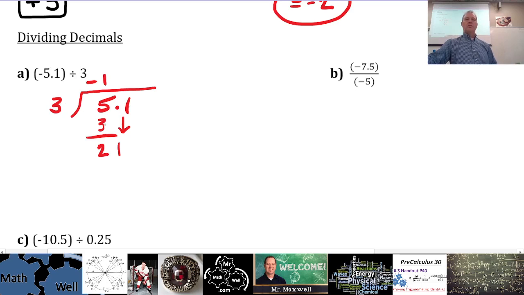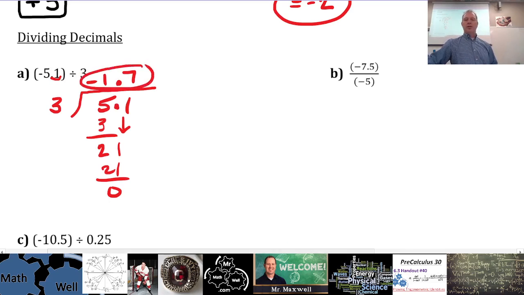So 3 times what is 21? Or 21 divided by 3 is 7. Okay. 7 times 3 is 21. Subtract gives us a 0, so we can stop. If we get a 0, we can stop. Now there's 1 decimal place involved here, so the answer should go back 1 decimal place. So it works out that we can put that decimal right there. So the answer is negative 1.7.